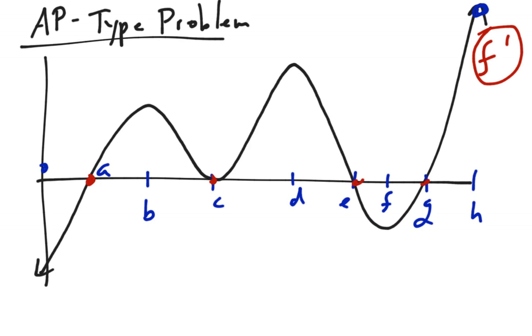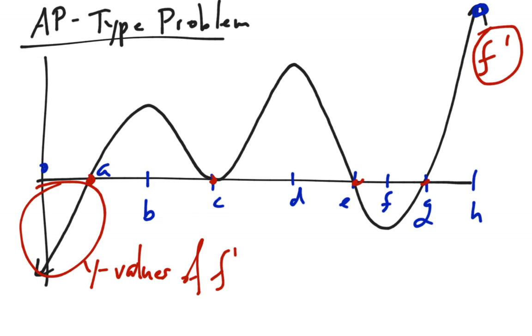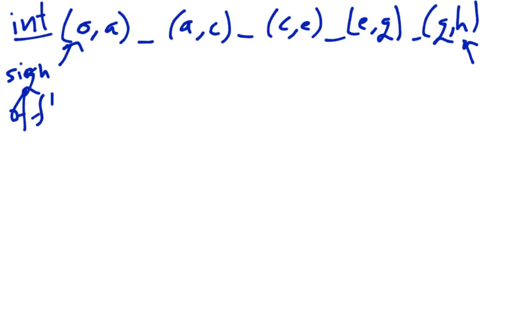Alright, well, between 0 and a, clearly f prime has negative values. Yes, the slope of f prime is positive, but that's not what we're talking about. We're just talking about the y values of f prime. The y values of f prime are negative, so that means that this is negative.